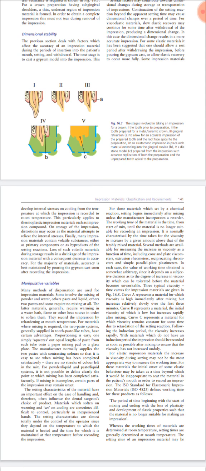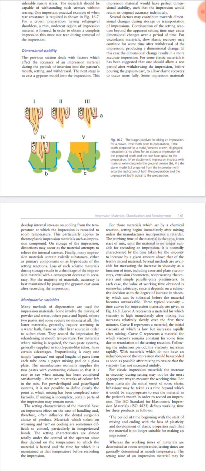First of all, you need to remember about the dimensional stability that the impressions made from these materials should remain dimensionally stable until the model is poured. Are you getting it? So come to the next point of the next slide of the dimensional stability.